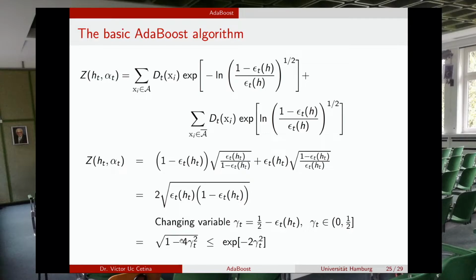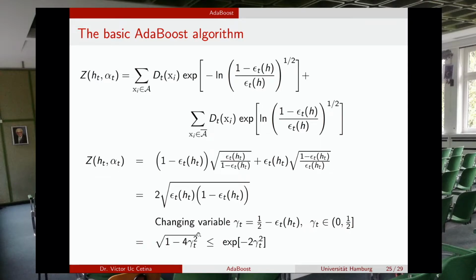You will get this expression here. You just need to write here 1/2 minus gamma, and also here 1/2 minus gamma, and you develop this. You apply the products and the sums, and you will get this expression here. So it's the square root of 1 minus 4 times gamma squared.